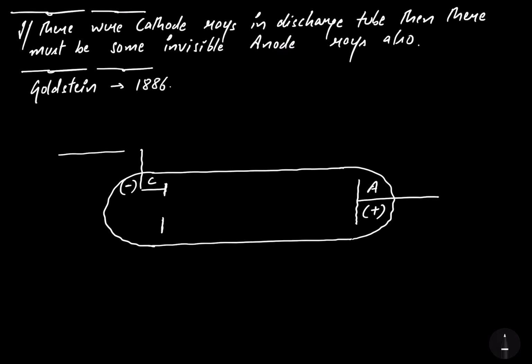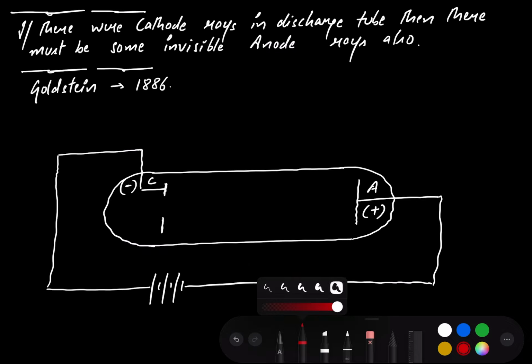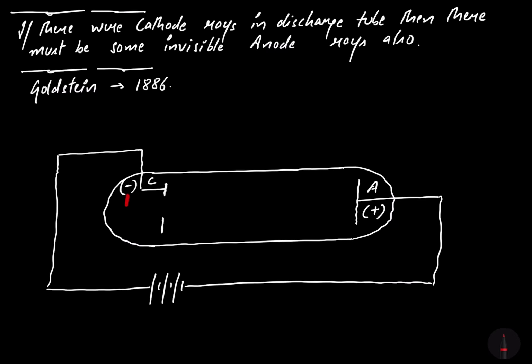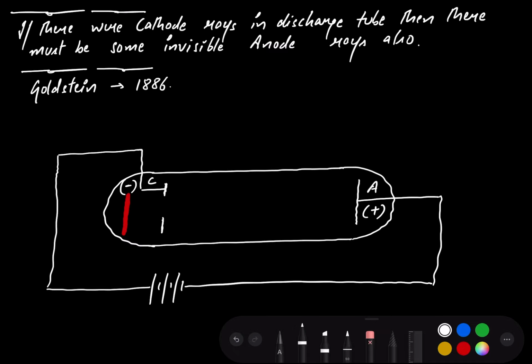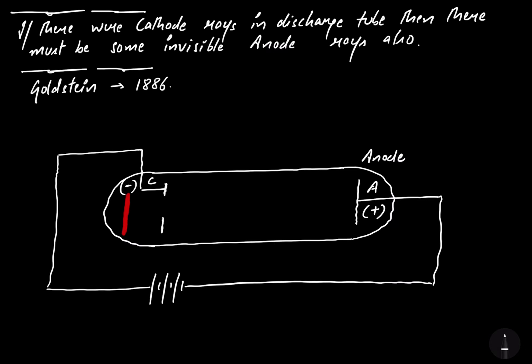Now I am completing my circuit by connecting it with a high voltage battery. Now we have to place a fluorescent screen behind the cathode. So let me label my diagram first. Here's my anode, here's my cathode, that's my fluorescent screen.